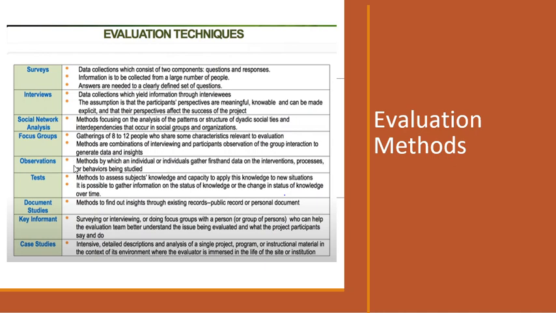Next one is observation, already mentioned here in focus group. Observation means methods by which an individual or individuals gather first-hand data on the intervention, processes or behaviors being studied. As I mentioned, for example, if you are going to evaluate based on a focus group, you have to observe 8 to 12 people. What are you going to observe? Actually, you're going to observe the processes involved in that period of observation.